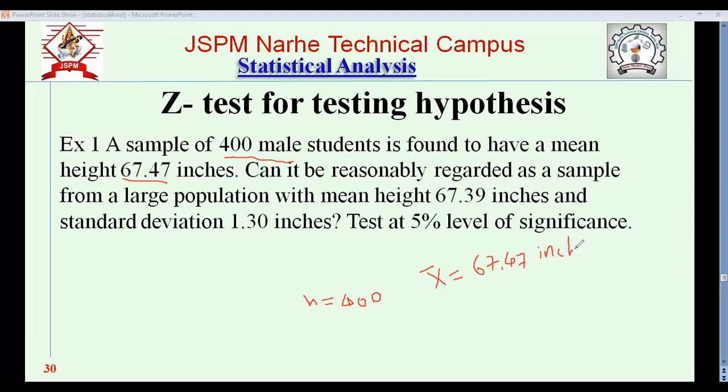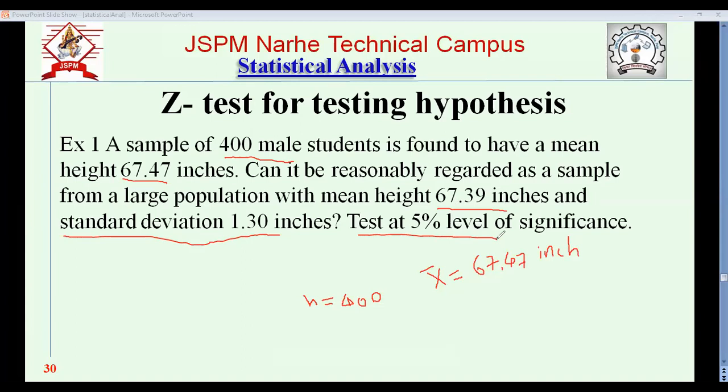Please understand, you need to distinguish between the sample and the population. This is a sample. Now it is asked, can we reasonably regard this sample as coming from the population where the mean height is 67.39 inches, the standard deviation is 1.3 inches, and we need to test this at 5% level of significance.